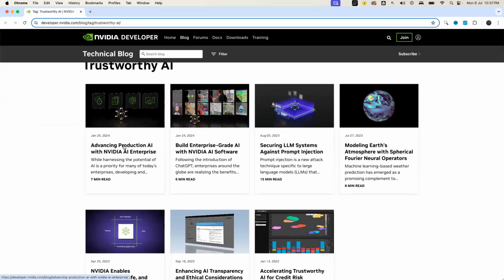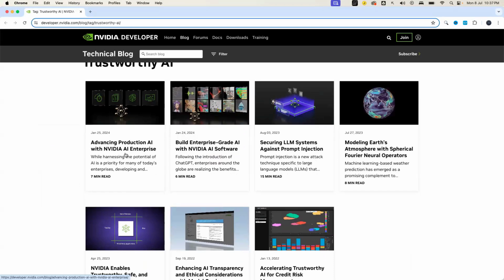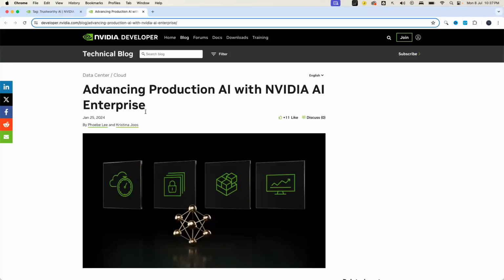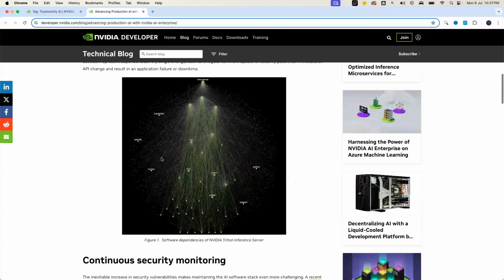For example, here it says advancing production AI with NVIDIA AI Enterprise. I've just talked about NVIDIA AI Enterprise in the earlier slide, and you can see there's a blog that has been published this year. So the expectation is to go through it and build some more perspective about what exactly this AI Enterprise is and how it is helping us.